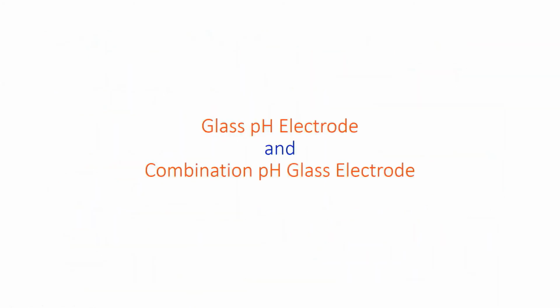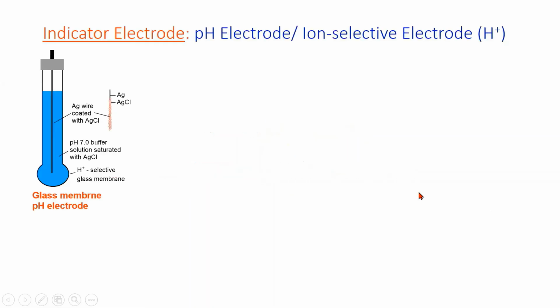Now we will try to understand the glass pH electrode and the combination pH glass electrode. The indicator electrode is a pH electrode, which is an ion selective electrode towards H ions. This is a glass membrane pH electrode where a silver wire is coated with silver chloride in contact with H ions. Glass membrane is quite fragile.